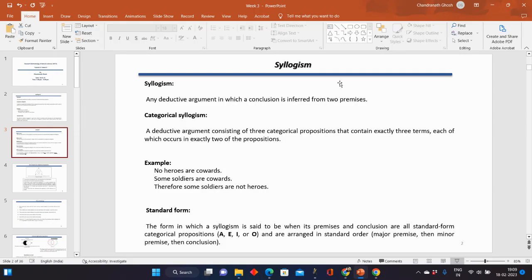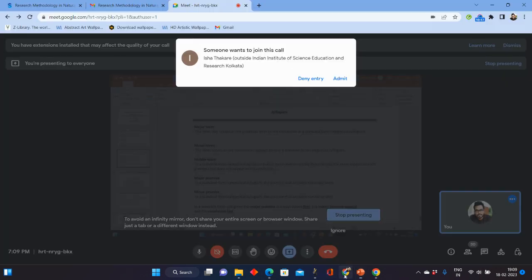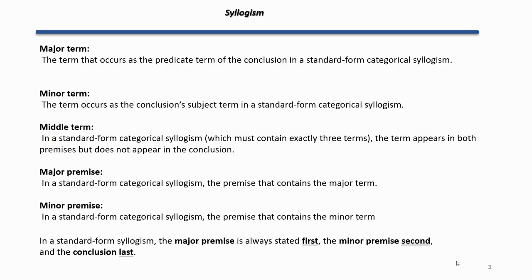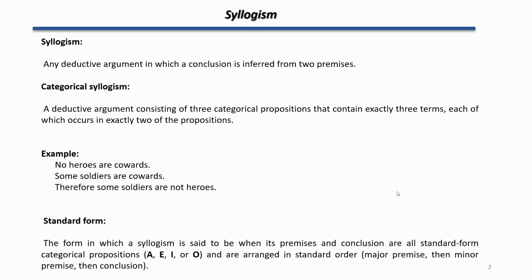So the subject, you understand, if we go here: no heroes are cowards. Here we are describing basically heroes, and then some soldiers are cowards. So what will be the subject? One will be the subject part, one will be the predicate part. The subject is the main part, the phenomenon that we are describing, and the predicate is how we are describing that.